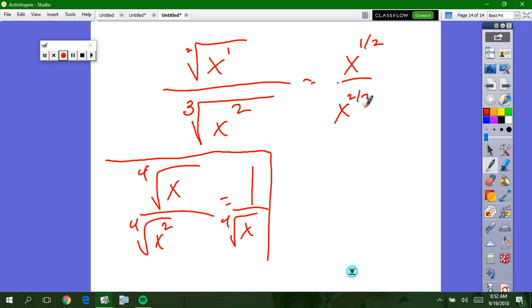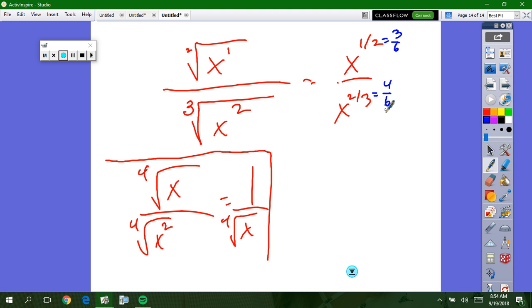Subtract them, right? But they're fractions, so I need to subtract them via how? I need to subtract them with a common denominator. Where does 1/2 and 2/3 meet up? They can be both base 6, can't they? So 1/2 is the same thing as 3/6. This is the same thing as 4/6.